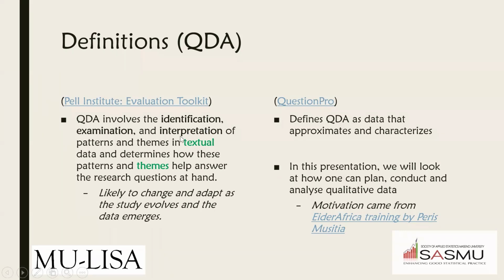Now, from the Pell Institute, when we talk of qualitative data analysis, which I'll be calling QDA just to make it easier, this is where we want to identify, examine, and interpret patterns and themes in text data. I like the way they've put the word text and also the idea of themes, because that is a very key thing when it comes to understanding it.